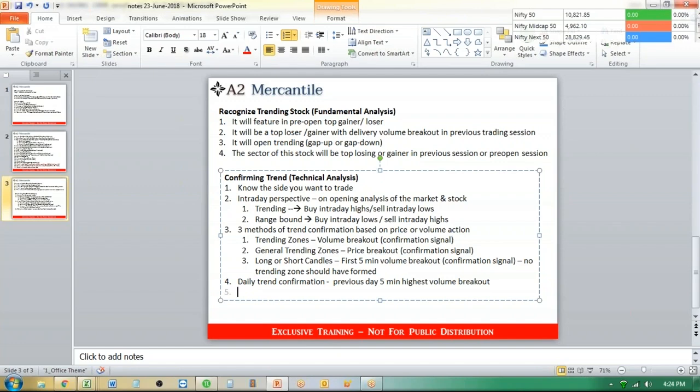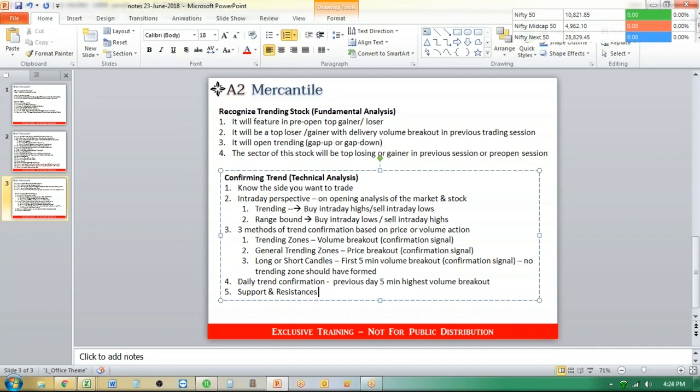The fifth one on confirming trends is support and resistances. Okay.